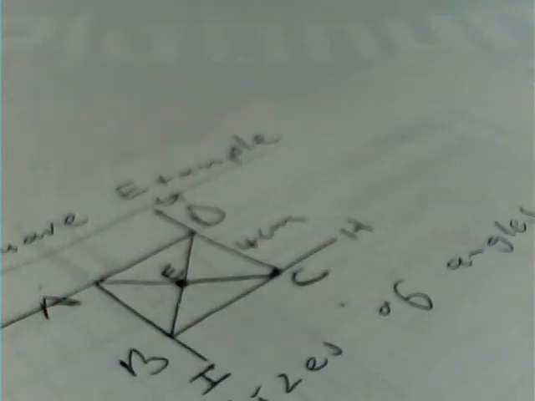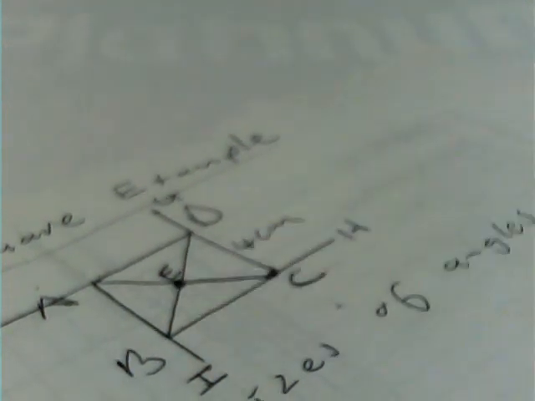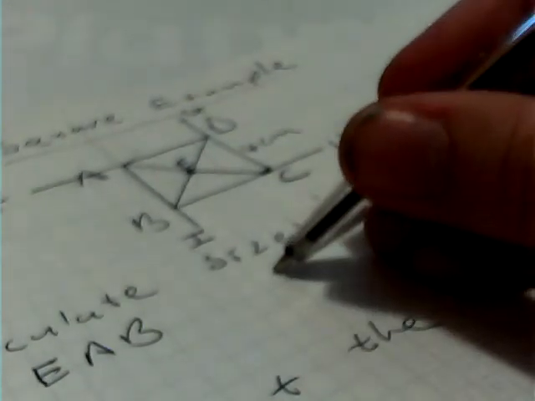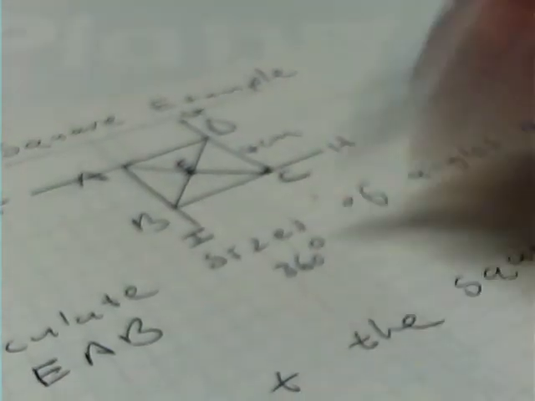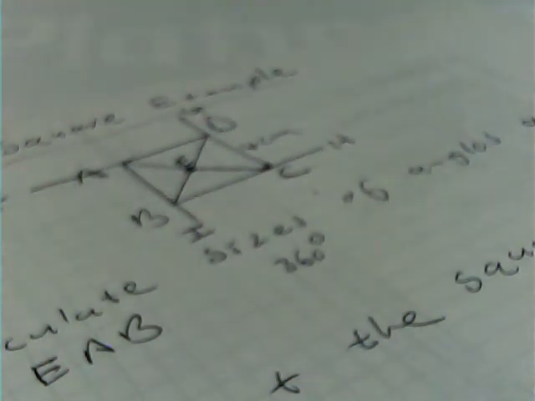Okay, so first of all, we can calculate what this angle is around the midpoint, because we know that the sum of the angles around the midpoint should give us 360 degrees. So we can say 360 degrees divided by the number of sides.